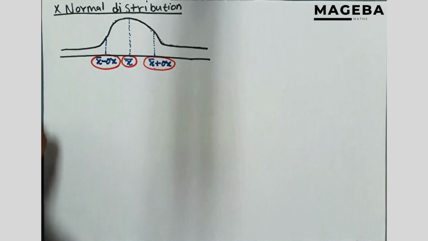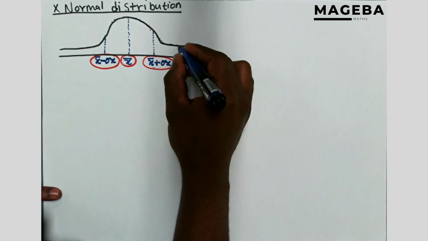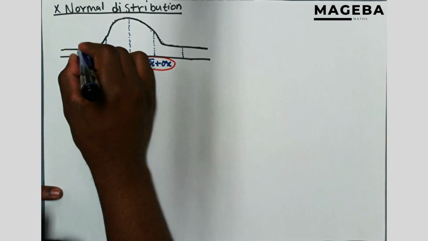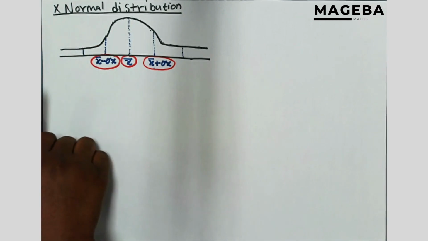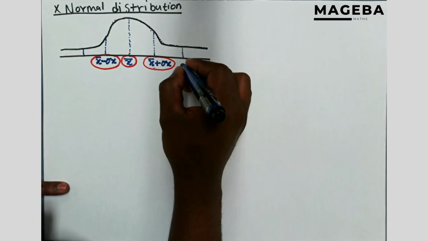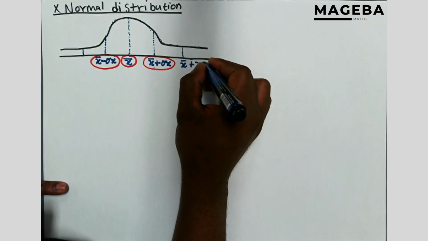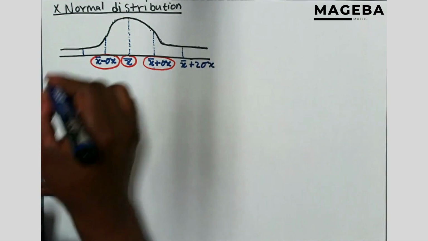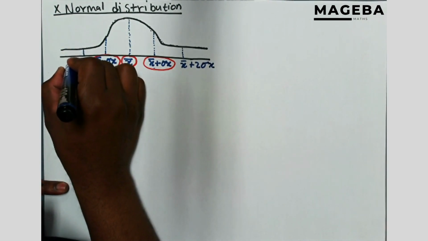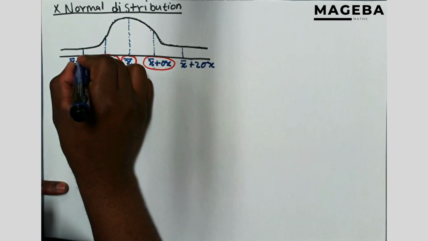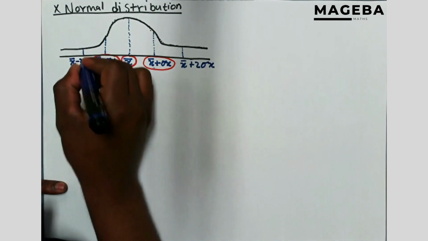And then now, trying to separate this from here, and also from here. Now this is going to be my mean plus 2 standard deviations. And from this side it's going to be my mean minus 2 standard deviations.